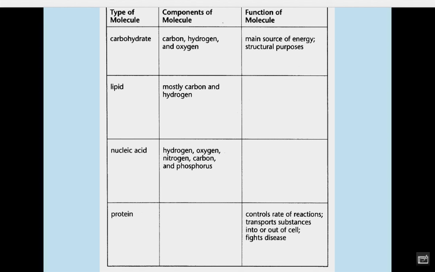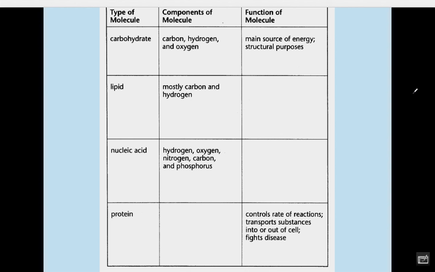So we've got our 4 different macromolecules here. All right, so we need to complete the chart based on what we have just learned. So they've done carbohydrates for us. So it contains carbon, hydrogen, and oxygen. The function of the molecule is the main source of energy, and there's also structural things like the cell wall that we talked about.